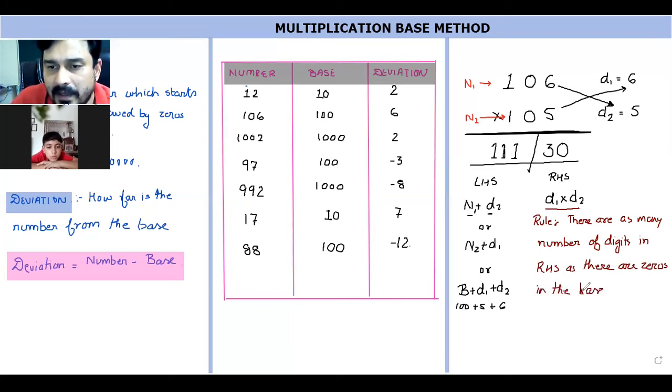That is, RHS must have as many digits as there are zeros in the base. Here the base is 100. So 100 has two zeros, so there will be 2 digits in RHS.